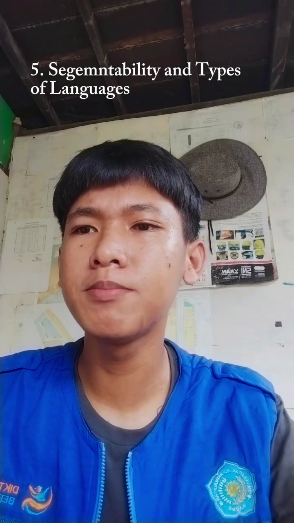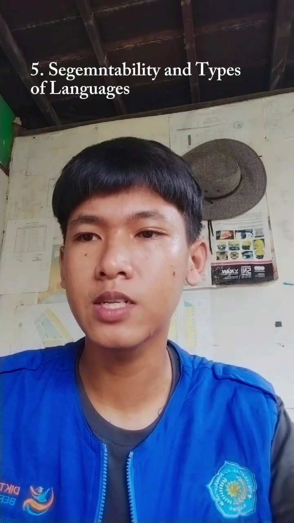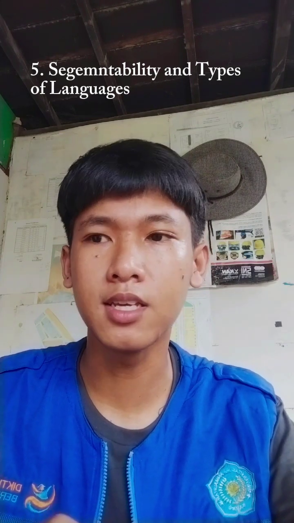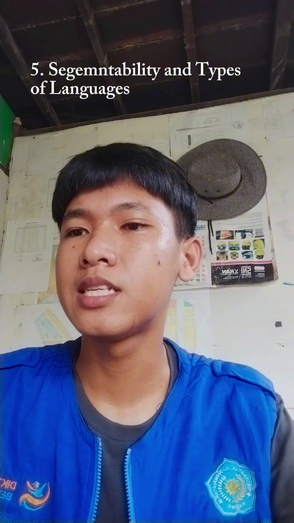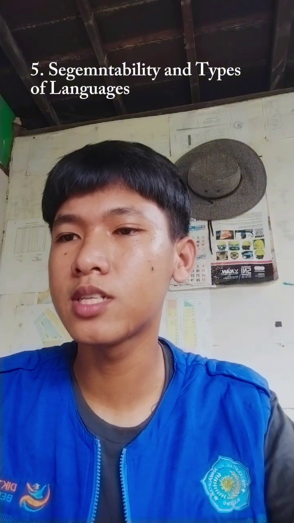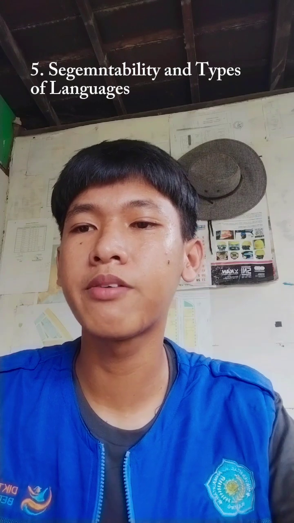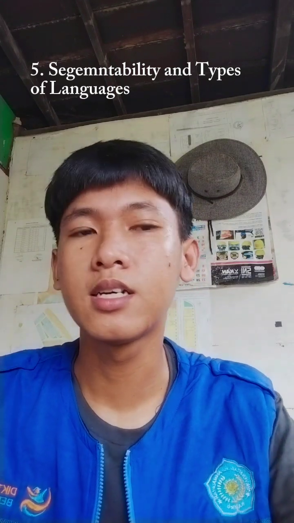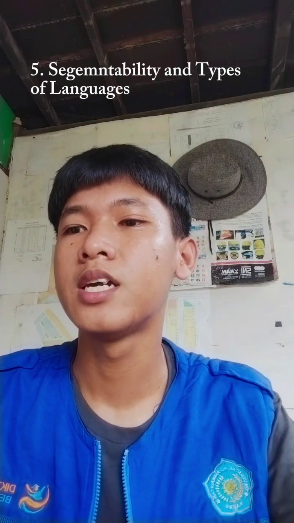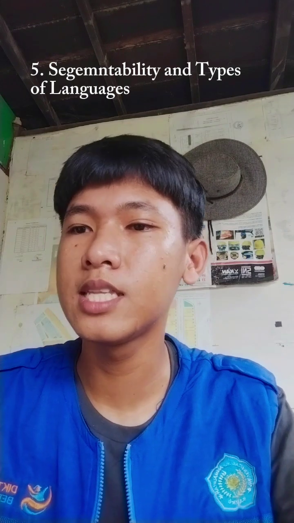5. Segmentability and types of languages. Different languages organize morphemes differently. First, agglutinating languages. Words are made of clearly separable morphemes. Example, Hungarian. Second, isolating languages.